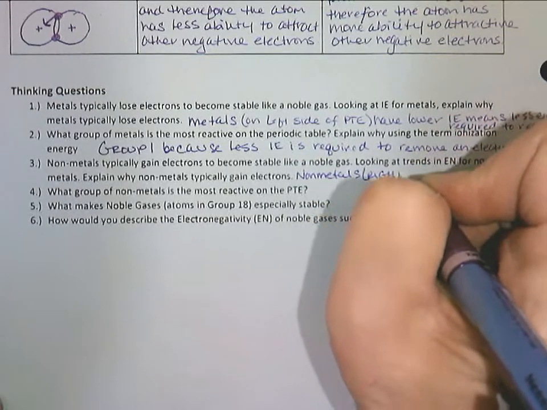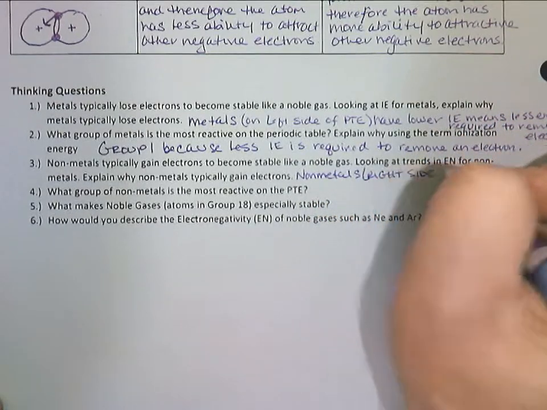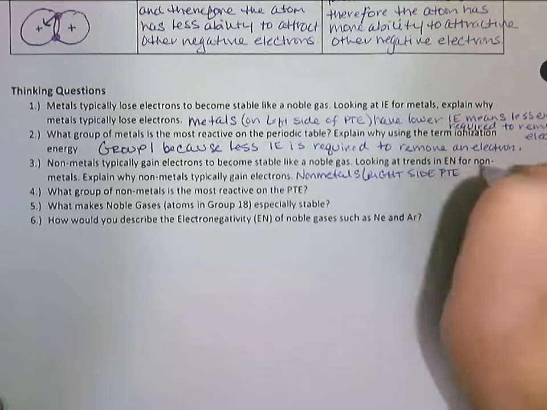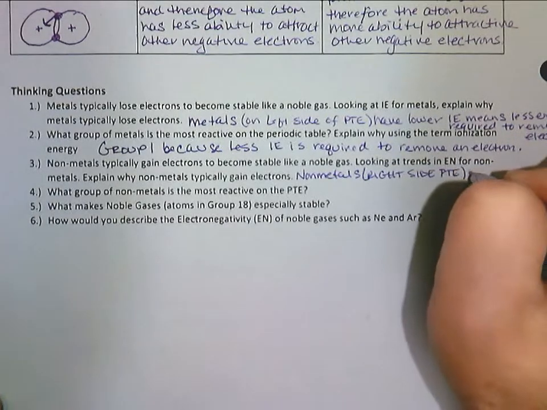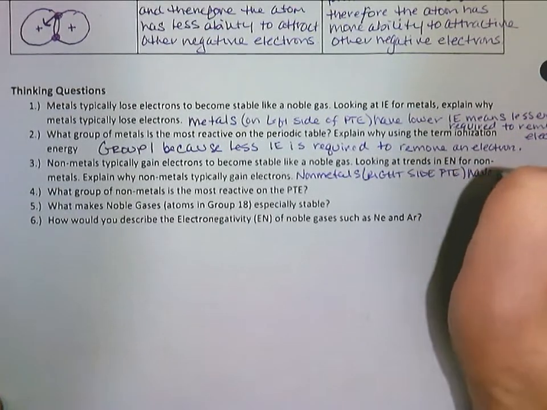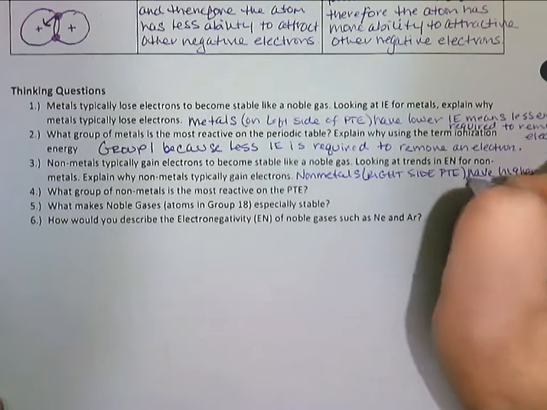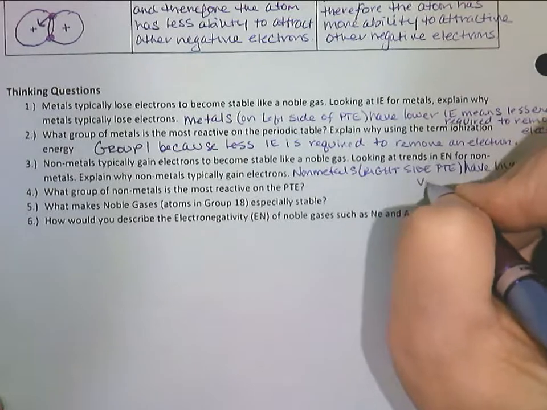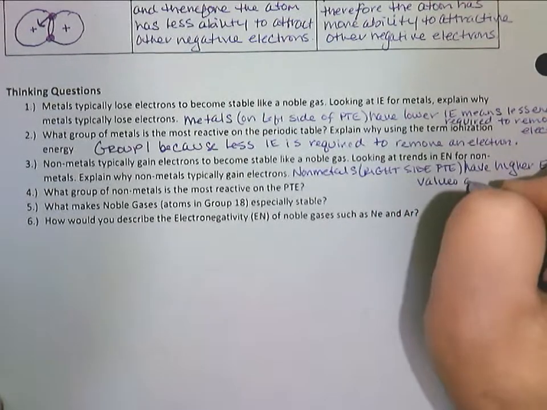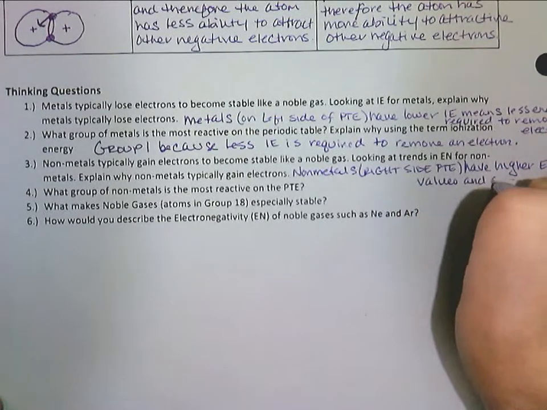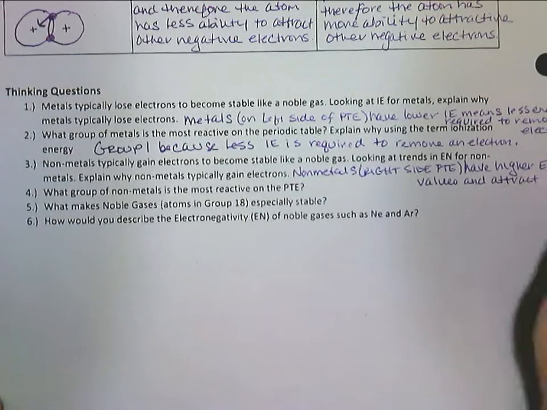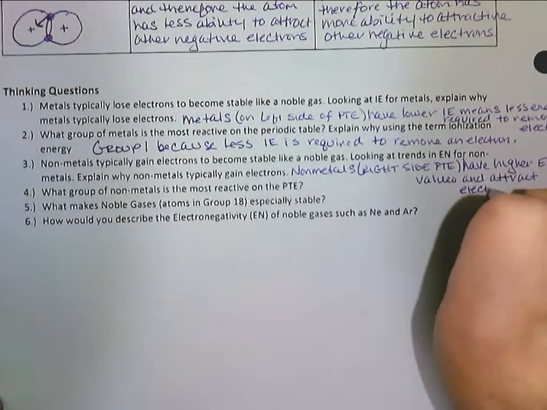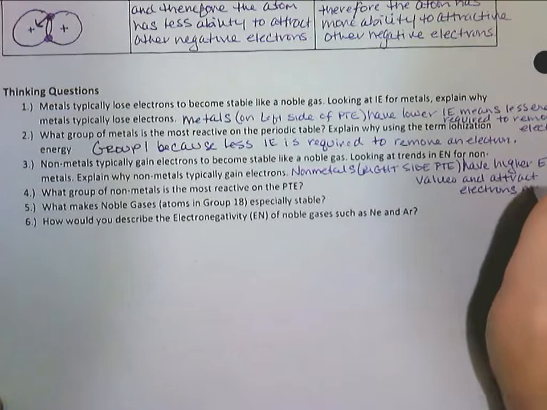So nonmetals, on the right side of the PTE, have higher electronegativity values and attract electrons more easily.